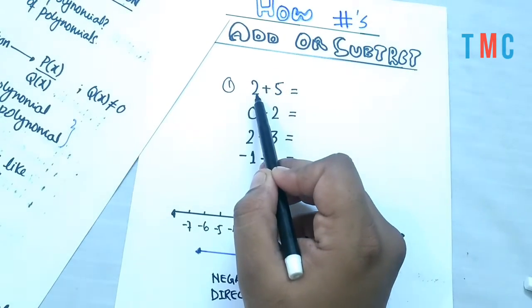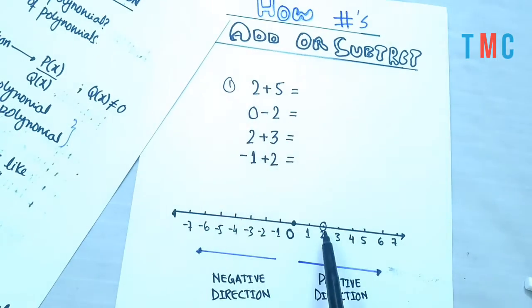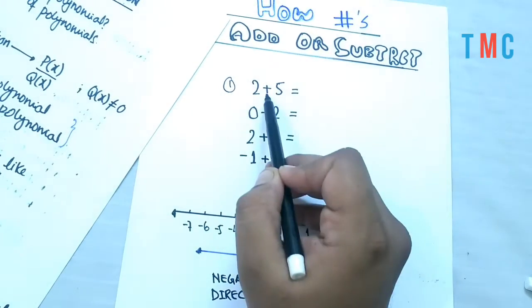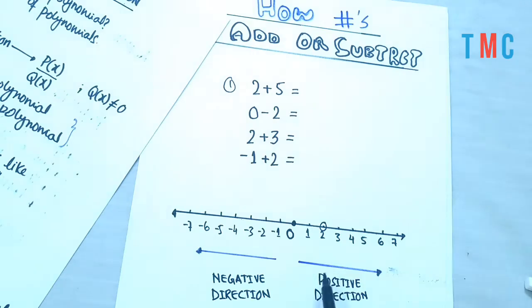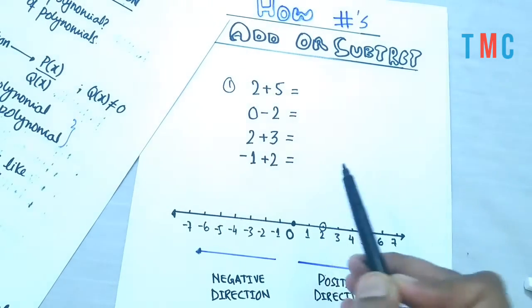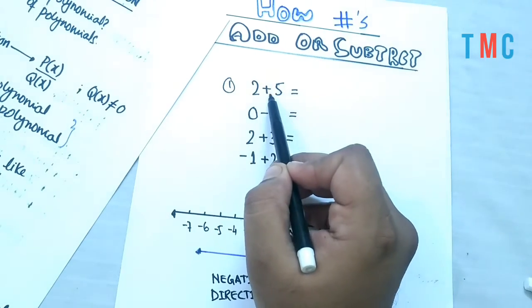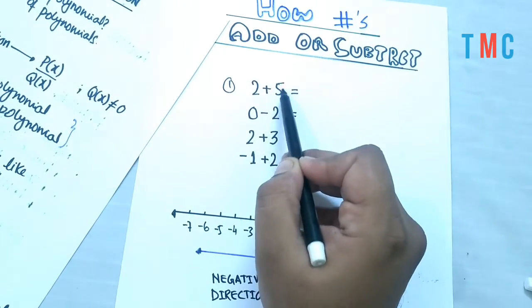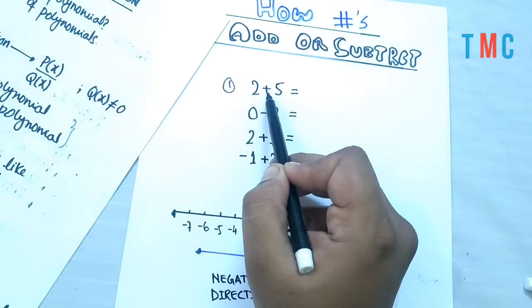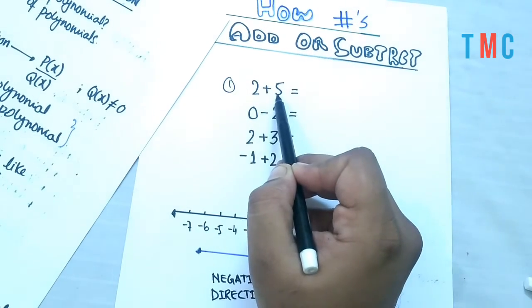In the first example, I start my journey from 2, and the plus sign says that my journey will be in the positive direction. So how many times do I have to move forward? It is written that I have to move forward 5 times. That means I have to move in the positive direction 5 times.